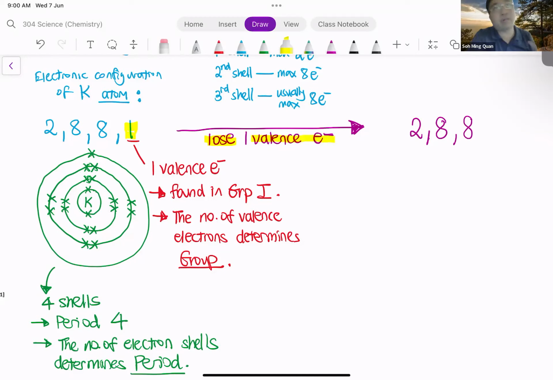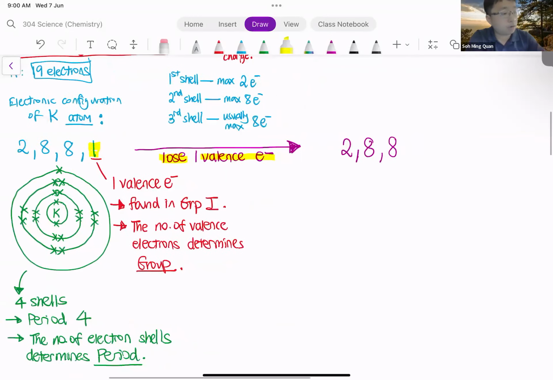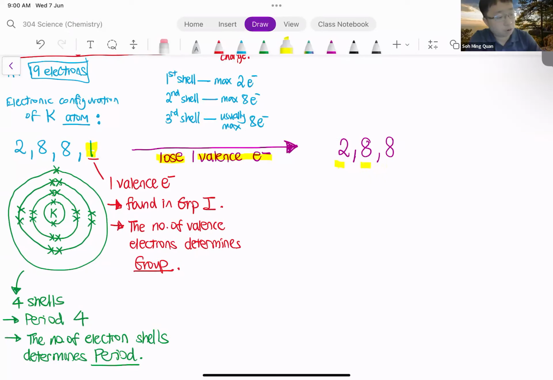So the electron loss is from the outer shell. 2881, that one is lost, becomes 288. Now that I've lost the electron from the outer shell, I'm left with 288. 288 means it has 18 electrons. 2 plus 8 plus 8 is 18.